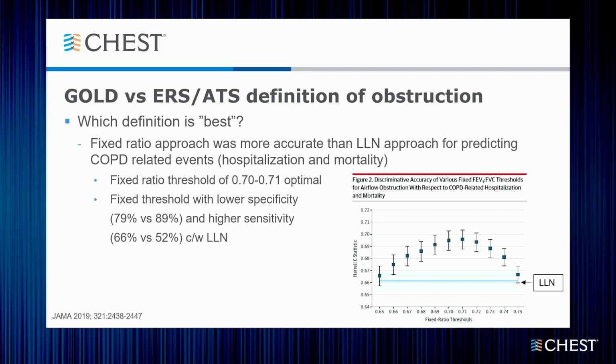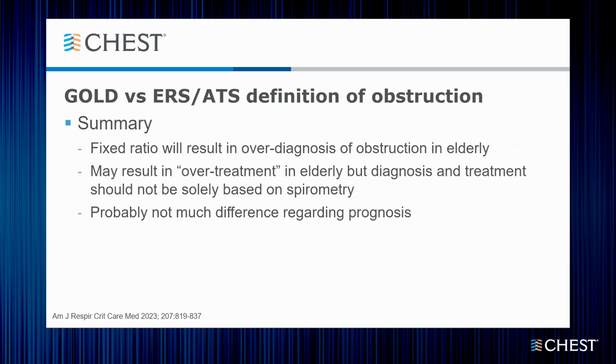In this general population study, I think roughly 60% were current or ex-smokers. 15% had obstruction defined using the lower limit of normal, and about 26% using a fixed ratio of 0.70. So this seems to suggest that maybe GOLD is not so far off base as we all state that it is. So, GOLD versus ERS definition of obstruction.